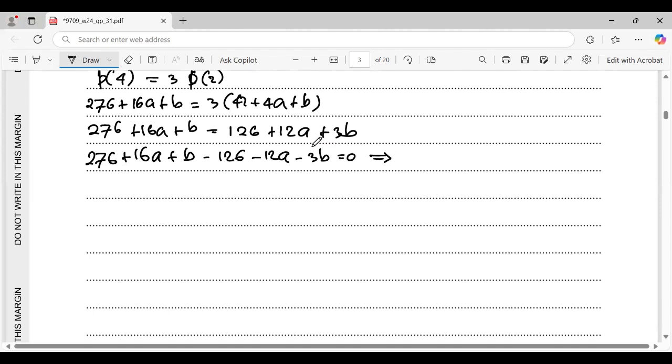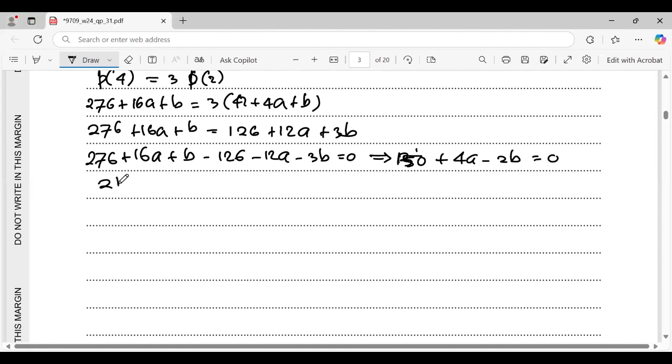So it becomes 150 plus 4a minus 2b equals 0.